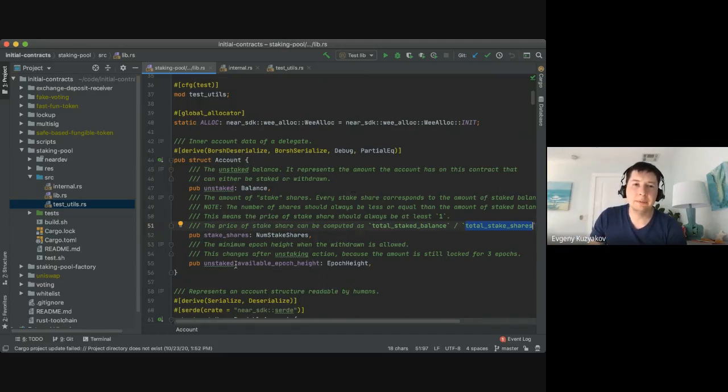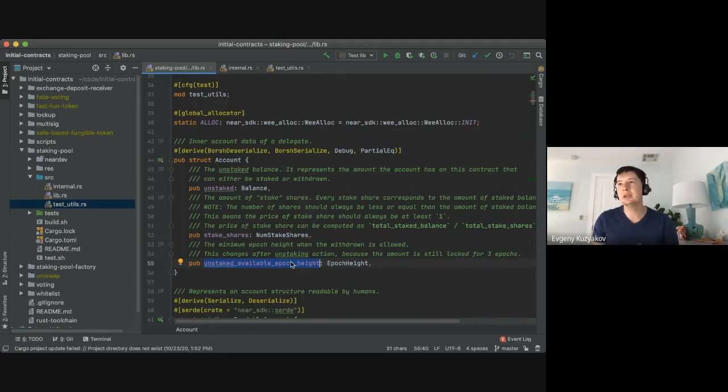And finally, because the NEAR protocol does not unstake and return the balance immediately, it has to wait 3 epochs until your balance becomes unstaked and returned to the account, so unlocked. So if you unstake, you cannot withdraw this balance immediately from the staking pool.